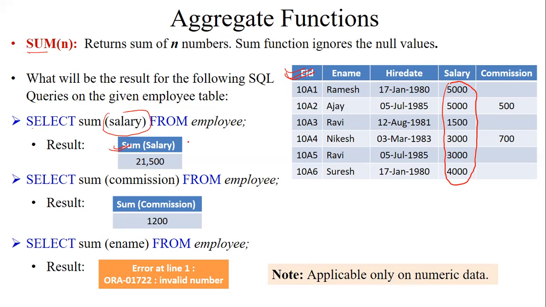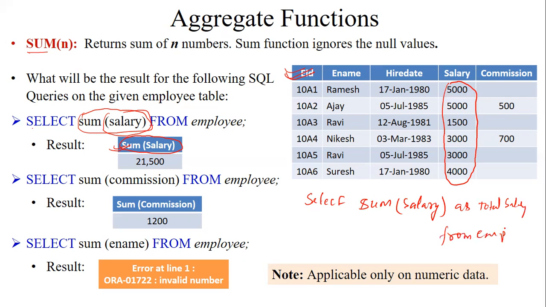This is from the employee table. Whatever name you have specified here, sum of salary, will be displayed in the result. You can rename it by writing the query select sum of salary as total salary from employee.